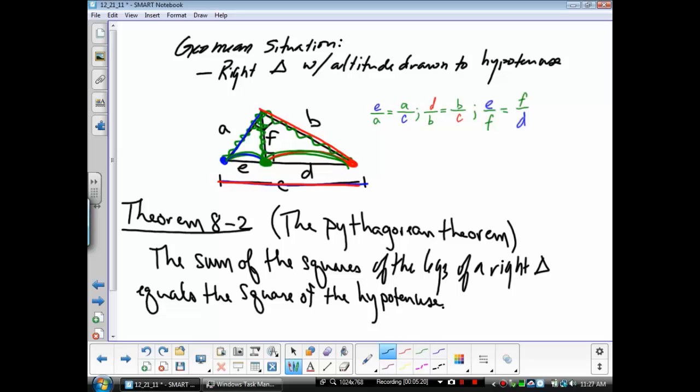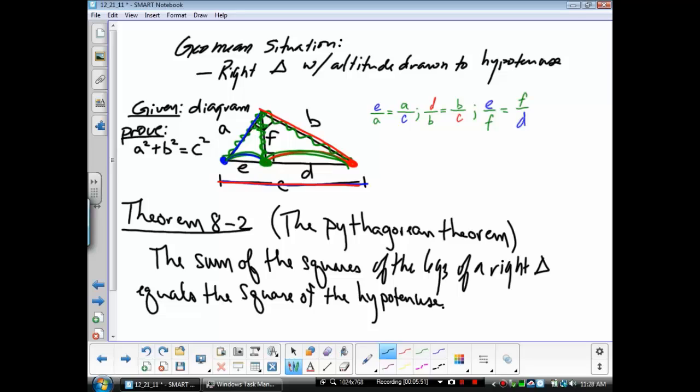So in this situation, given this diagram, we are going to prove that a squared plus b squared equals c squared, which is the very common way to state the Pythagorean theorem.